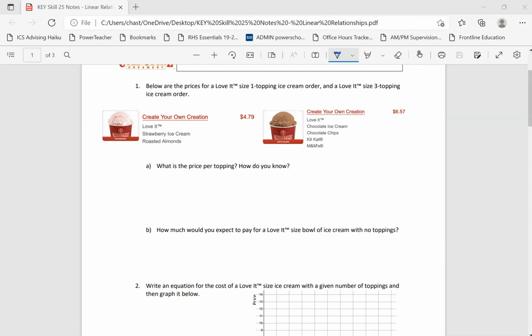First of all, we have 2 separate prices. We have the price for 1 topping and the price for 3 toppings. If I subtract those, that'll give me the difference in the prices for the 3 toppings and the 1 topping. And if we look at the number of toppings, there were 3 on the $6.57 one and 1 on the 1 topping, the $4.79 one.